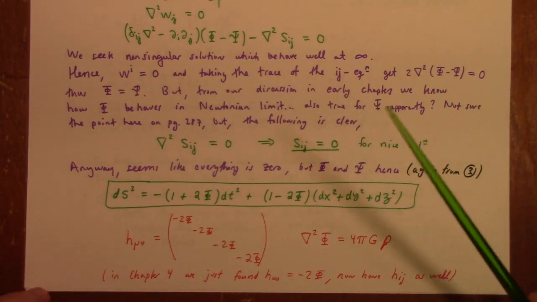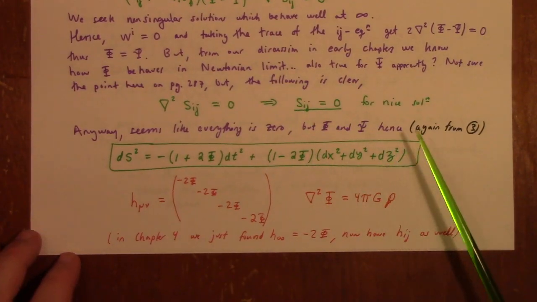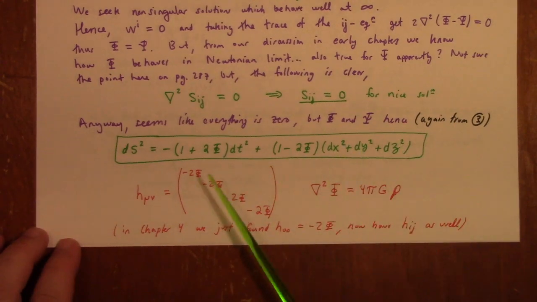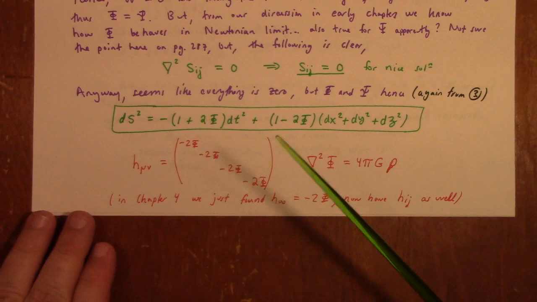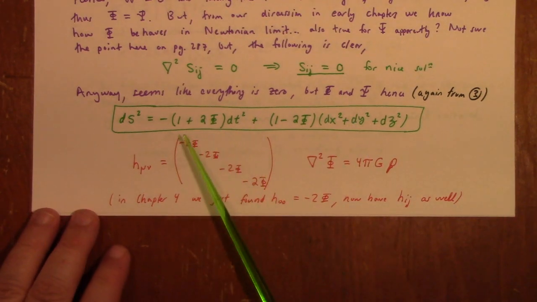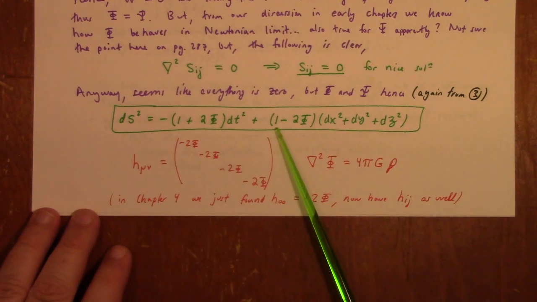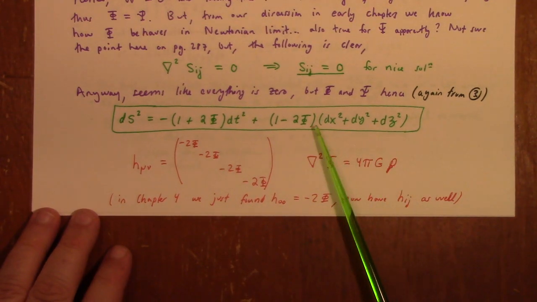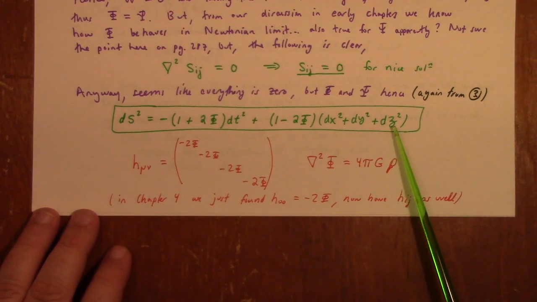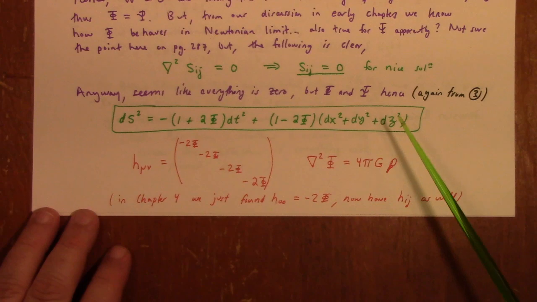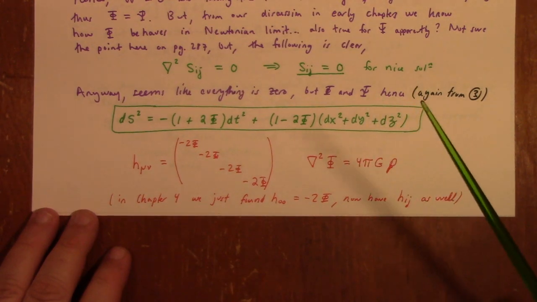All right, so going back to 3 and plugging in everything we just learned, the metric in this linearized gravity in the transverse gauge looks like ds squared is minus (1 plus 2 phi) dt squared plus (1 minus 2 phi) times the metric for Euclidean R3, dx squared plus dy squared plus dz squared.